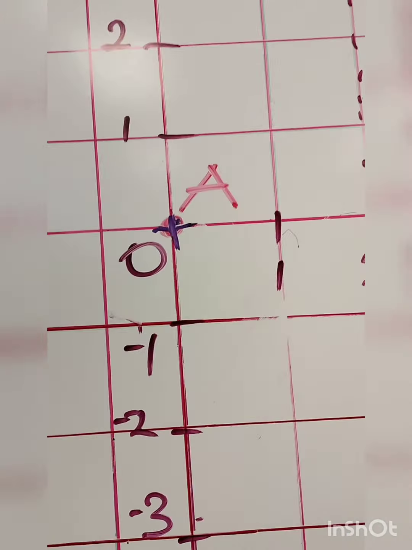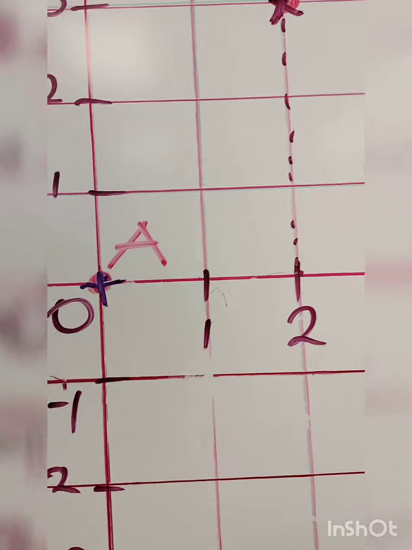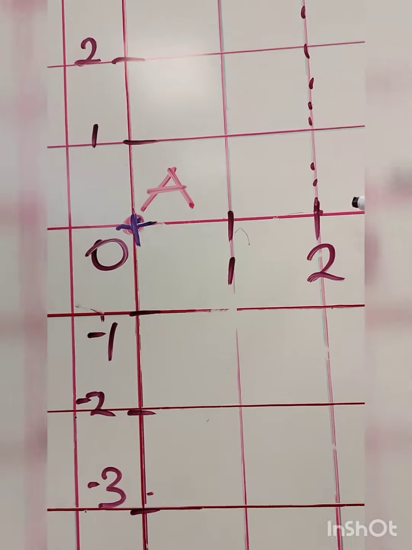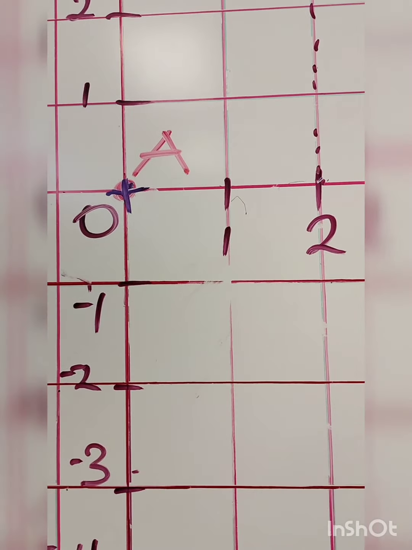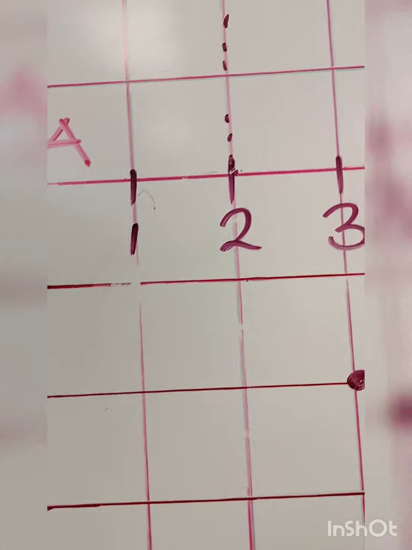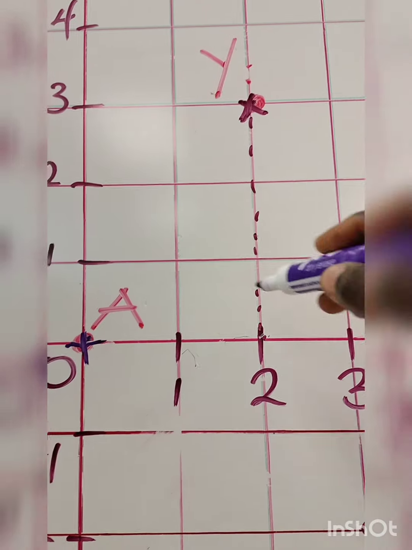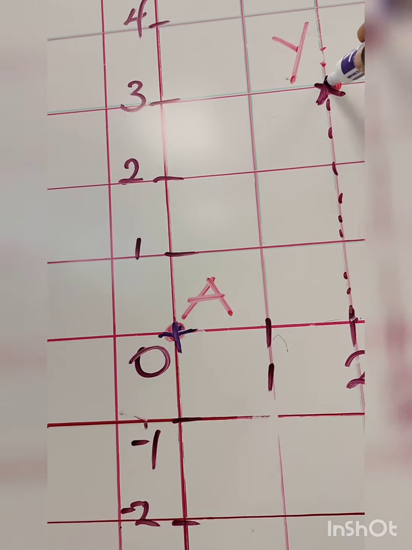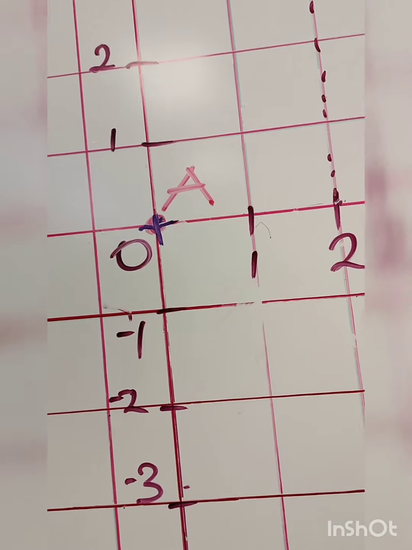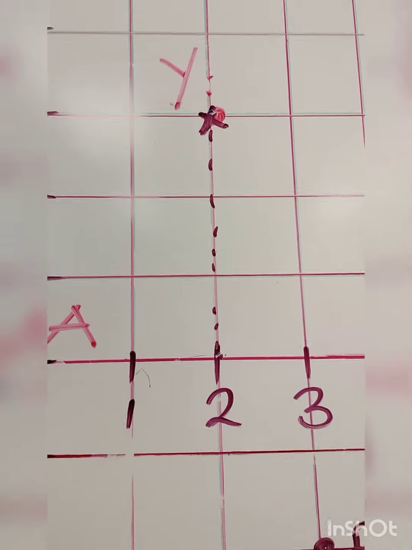Then the last one, that is point Y. From 0, 1, 2. Good. So we are landing on 2 on the x-axis. Then moving up, 1, 2, 3, at the intersection here, so we are getting 3 on the y-axis.